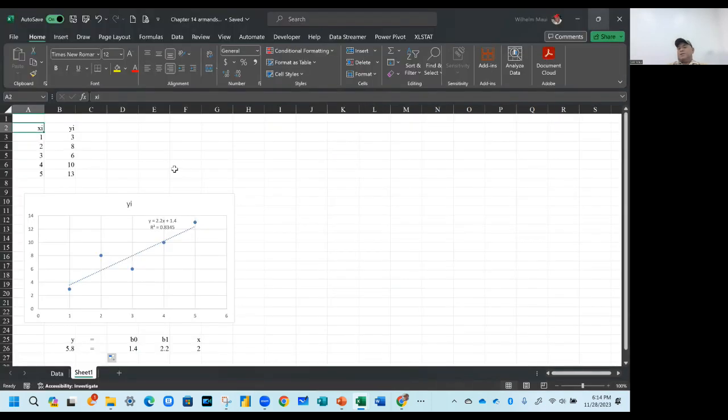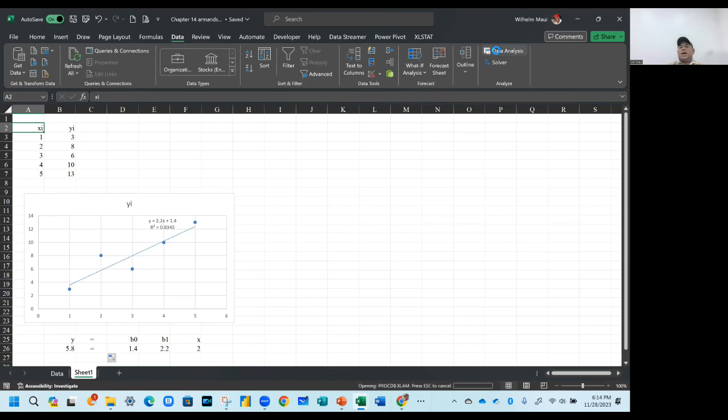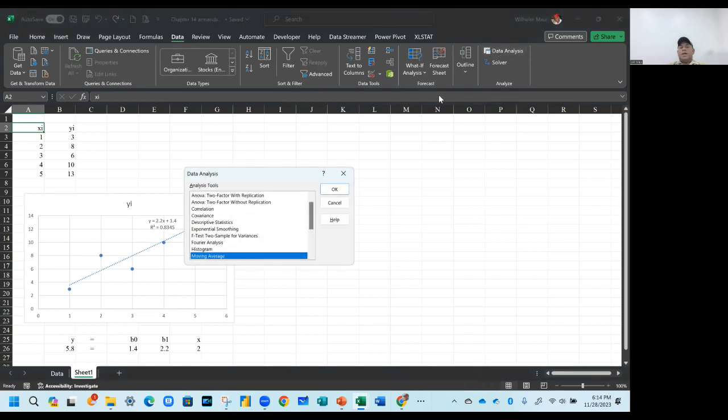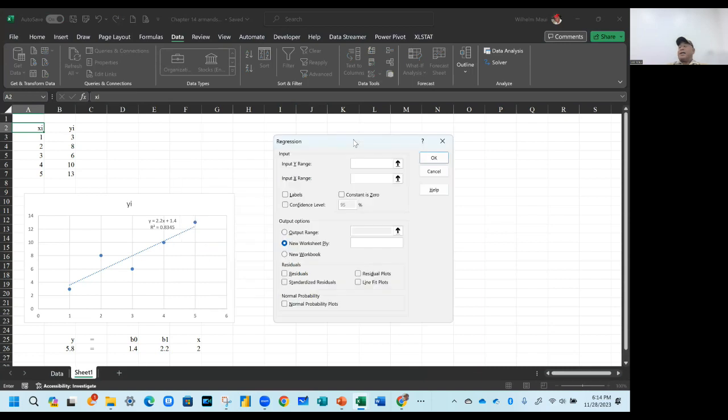Pretending that this is the data set for ANOVA, there are 2 ways you can do this. You can go to data, go to data analysis, find regression here, run it, and just specify where the data is.